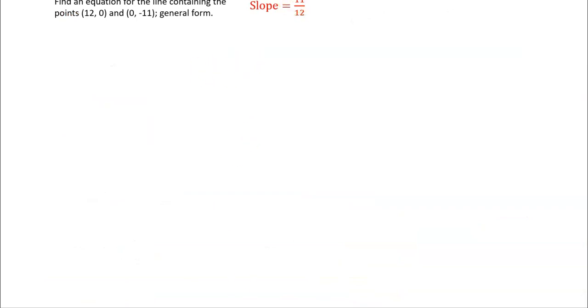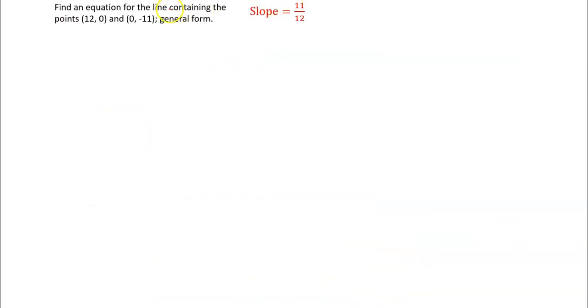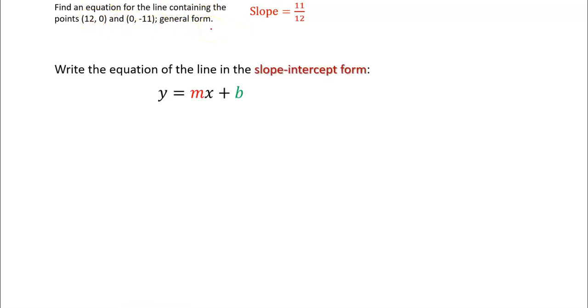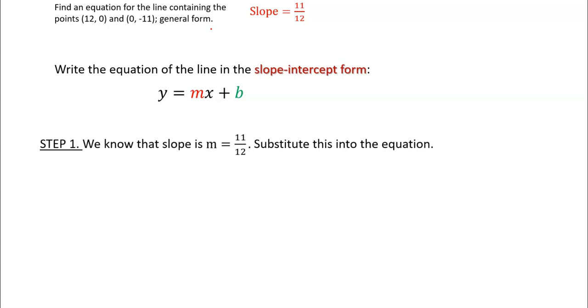Now what we have so far: we have 2 points on the line and the slope value. Remember, if we want to write the equation in slope-intercept form, we write it as y is equal to m, the slope, times x plus the y-intercept b. We know the slope, so we substitute m is equal to 11 over 12 and we get y is equal to 11 over 12 x plus b.